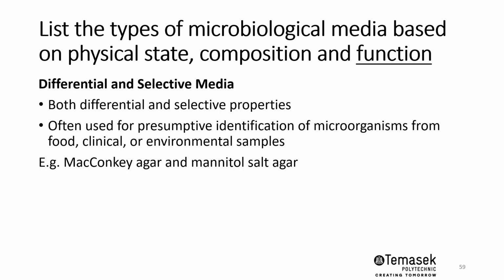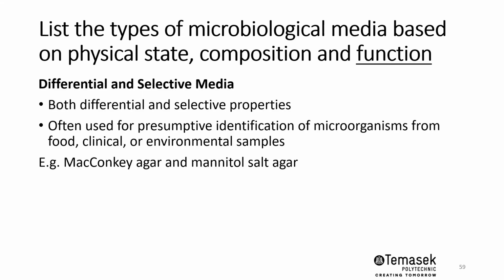Okay, but the point I'm bringing across is that a single media itself not only can be a differential in its entirety, not only can be a selective media in its entirety, but also can be both selective and differential as well. And this is in part due to its various ingredients or constituents within the media itself. So differential media and selective media have both differential and selective property.